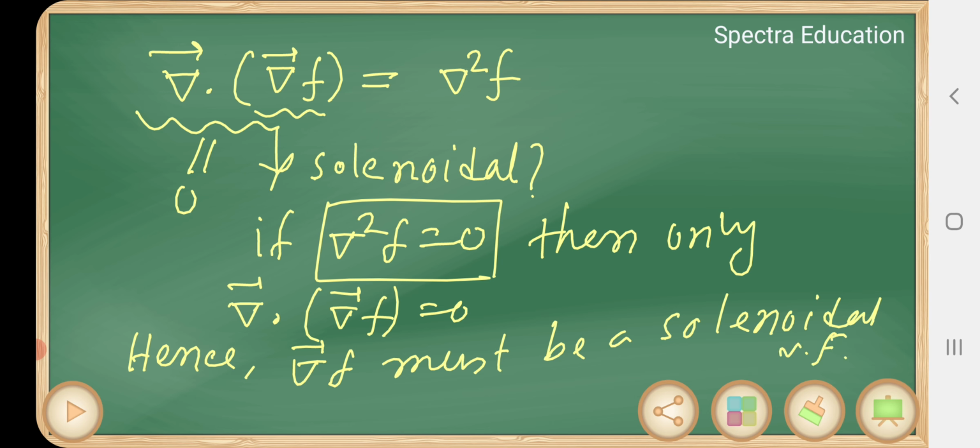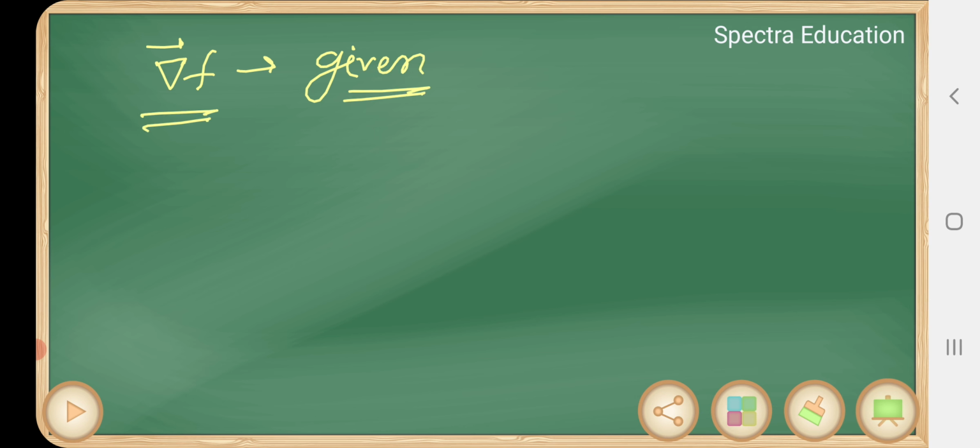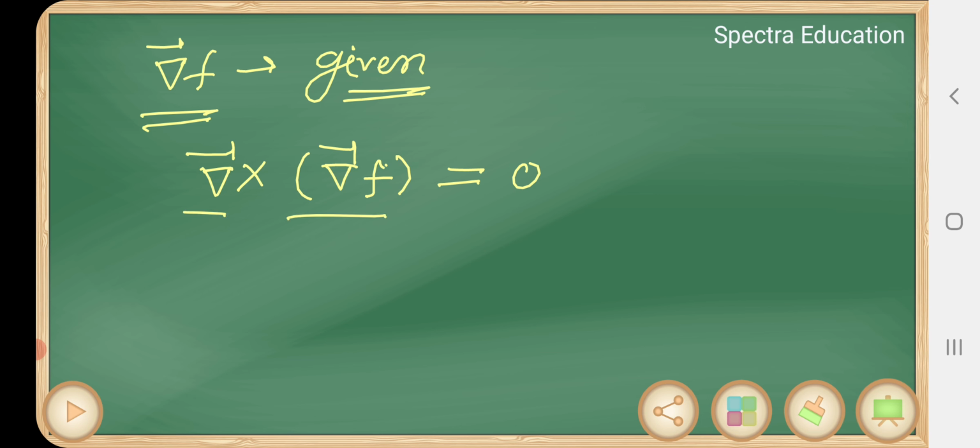So if we conclude, gradient of f is given, and it is always true that the curl of the gradient of any scalar field is always 0. Remember that one. So it directly implies that the gradient of f is irrotational.